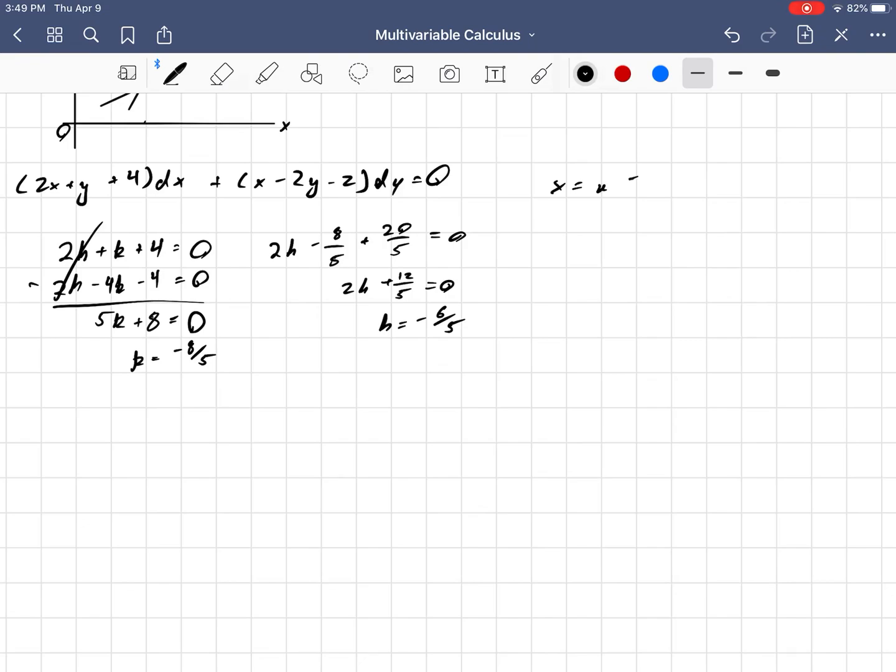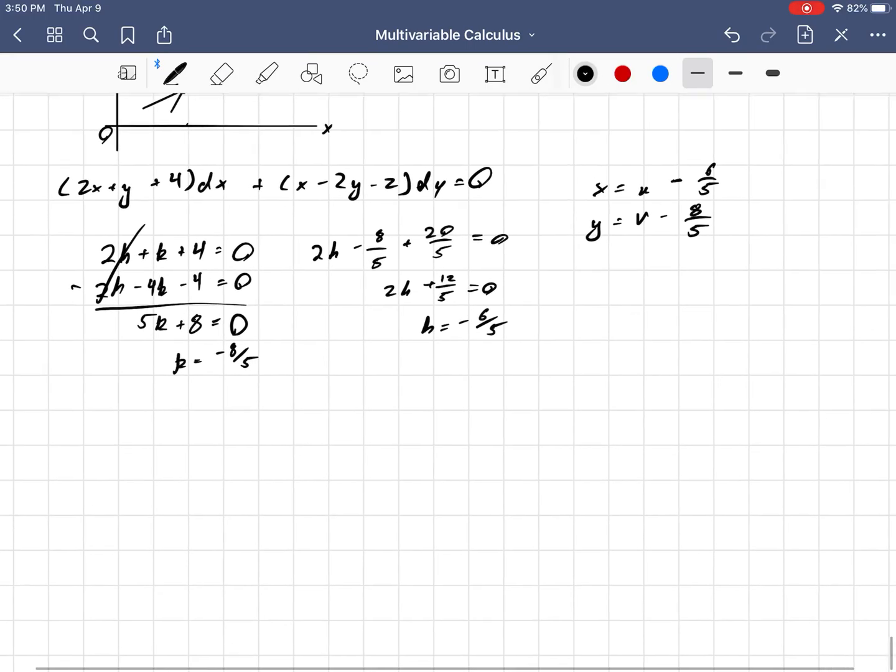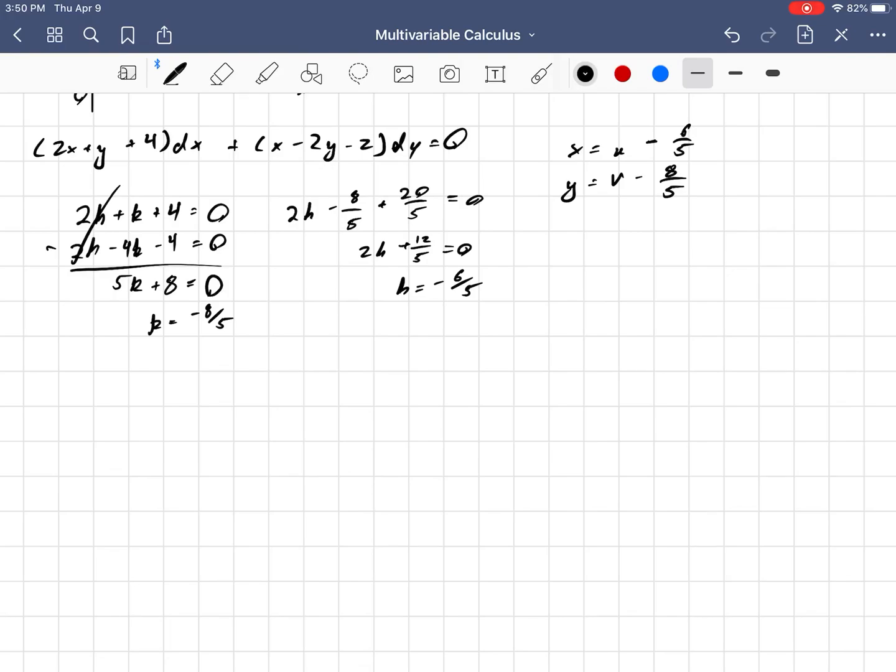So now if we do the substitution, if we let x equal u, the new x-axis, minus 6/5, and y be equal to v, the new y-axis, minus 8/5, then it is guaranteed that we will have no constant terms. I don't have to plug in x to be u minus 6/5 and distribute it.